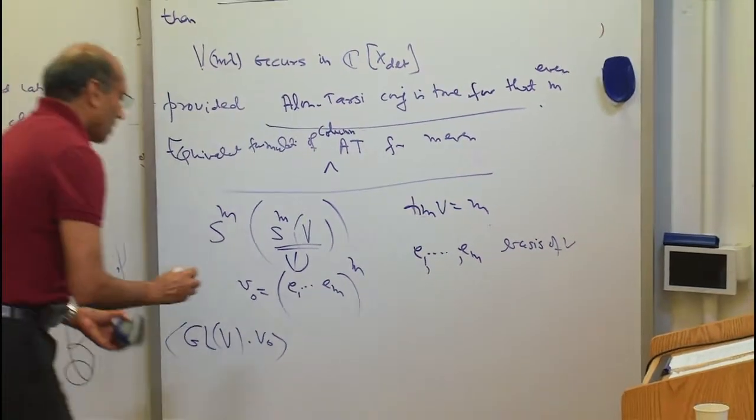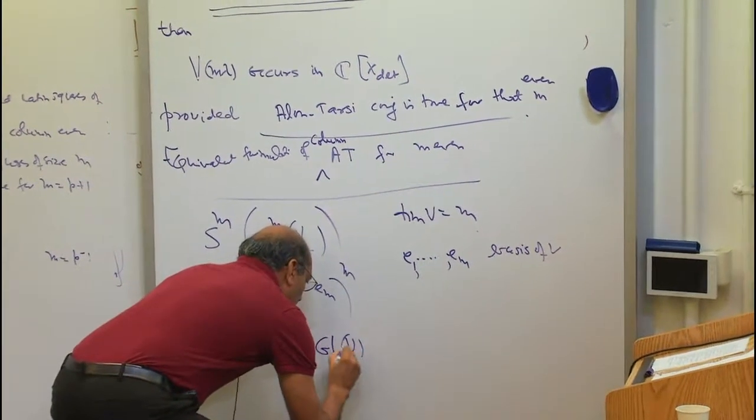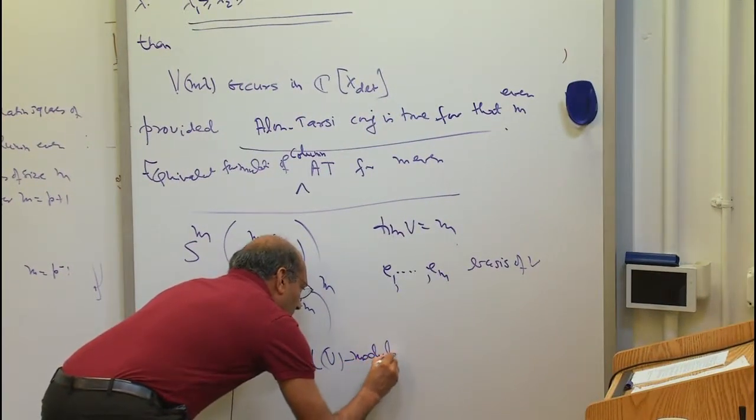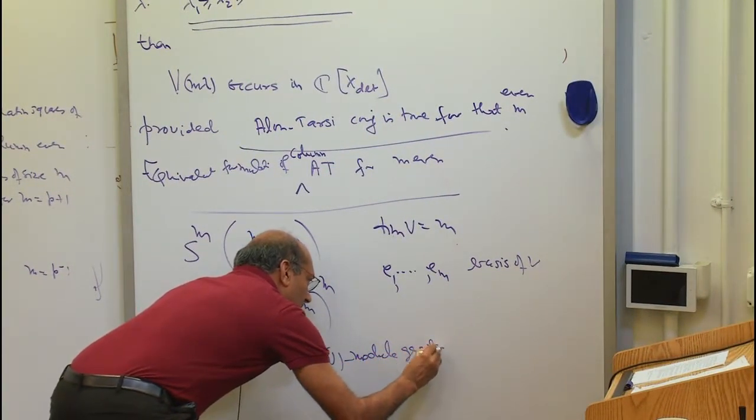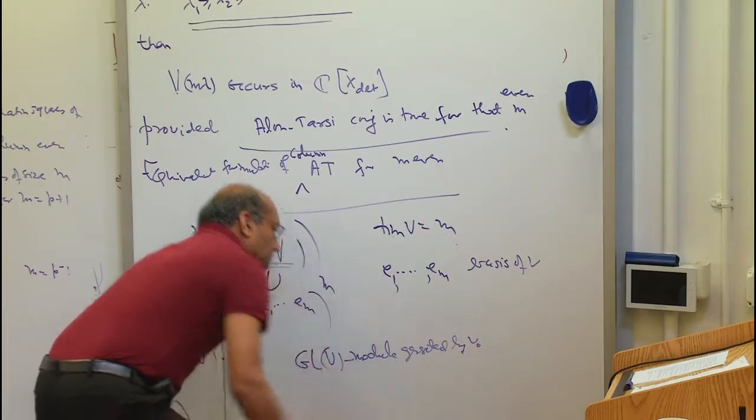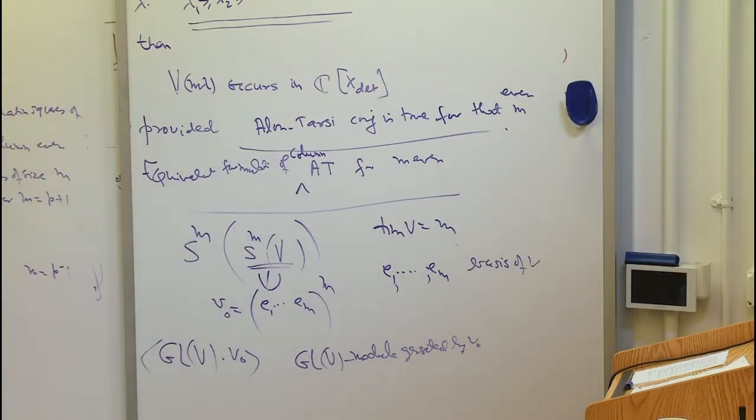So this is the GLV module generated by V0. Now, is it a highest weight vector?